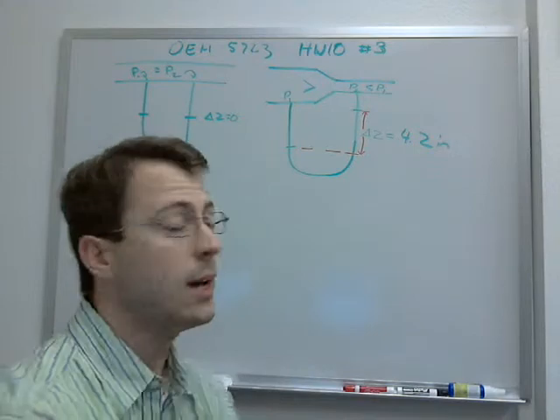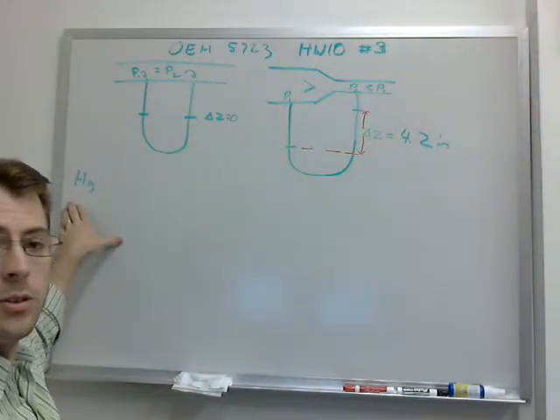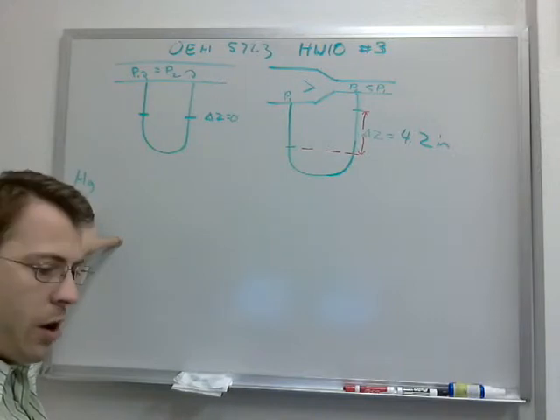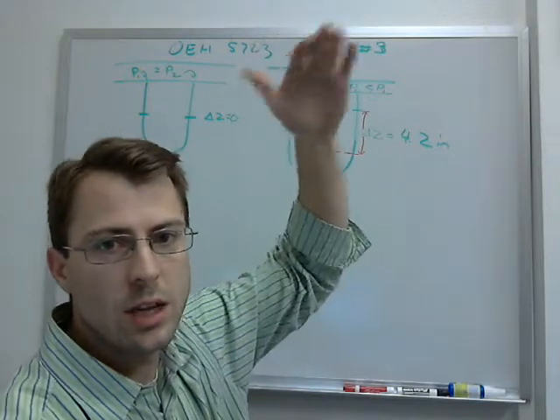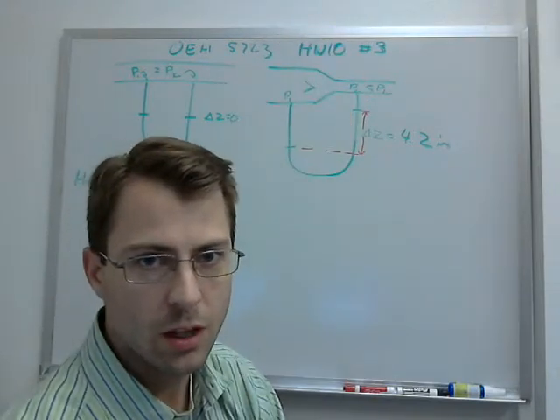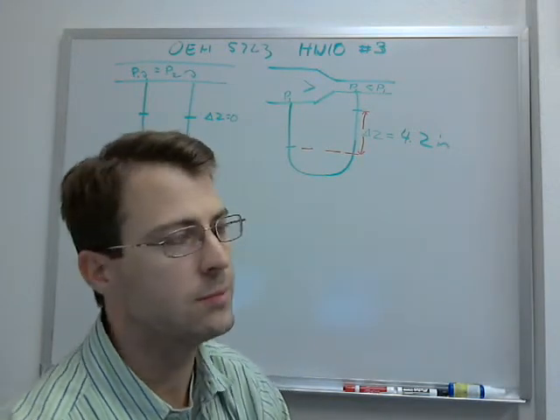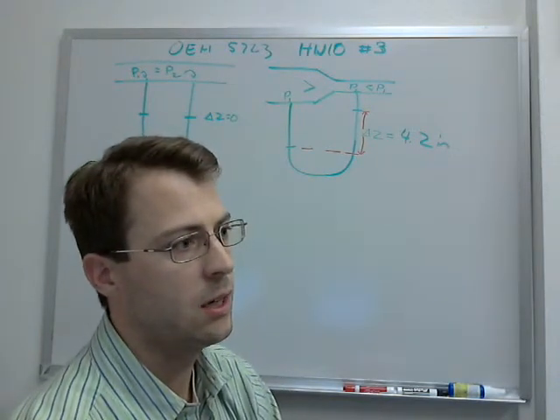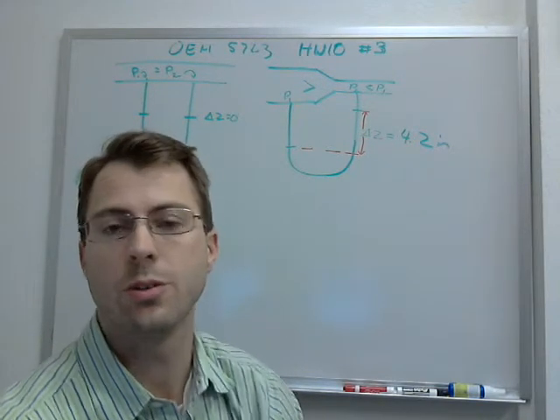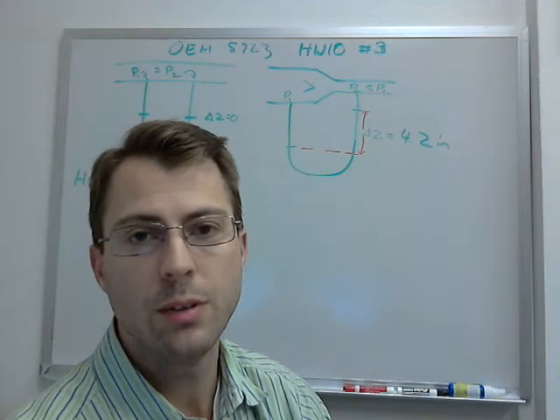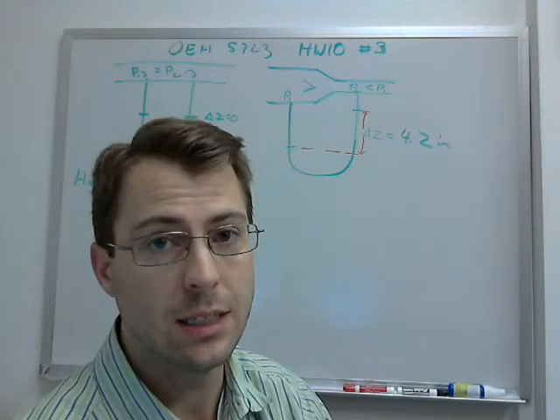Now, suppose we have mercury in our manometer. Barometers were originally water, and then the column was so tall that it was unruly to handle. I think it was Torricelli who proved that the height was due to barometric pressure and not to the density of the liquid.